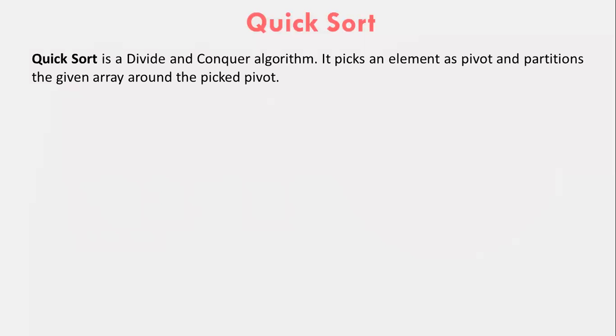So here, quicksort is a very popular sorting method and it is an important method of internal sorting. And according to this algorithm, it is faster and easier to sort two smaller arrays than one large one. So the strategy quicksort follows is divide and conquer.